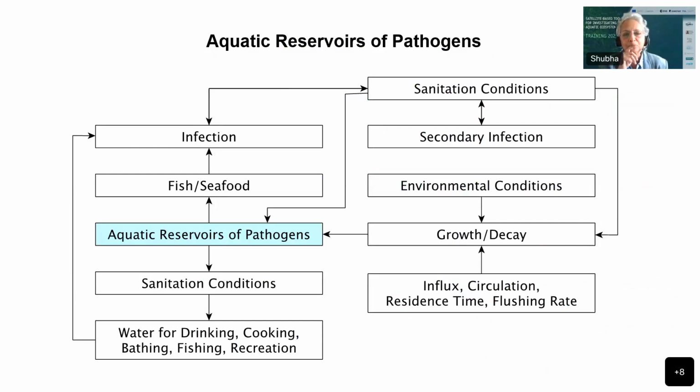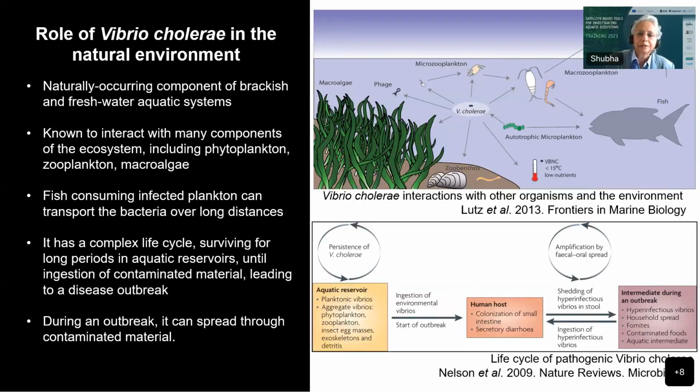So moving on to the aquatic reservoirs of pathogens, and again using cholera as an example. This is complex because Vibrio gets everywhere. Vibrio cholerae is a naturally occurring component of brackish and freshwater systems, and they are known to interact with phytoplankton, zooplankton, and they can exist as free-living organisms in the water.